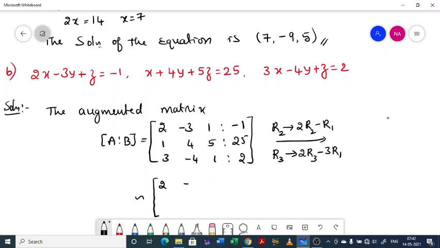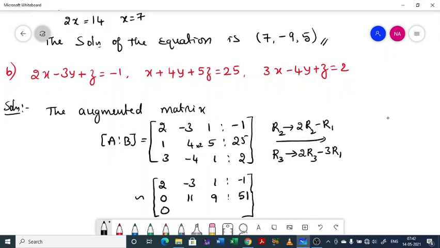Then this will be 2, minus 3, 1 colon minus 1. And second, actually these two will be 0. 2 into 4, so 8 plus 3 will be 11. Next 5 into 2, so 10 minus 1 will get 9, colon 25 into 2, 50 plus 1, so 51.